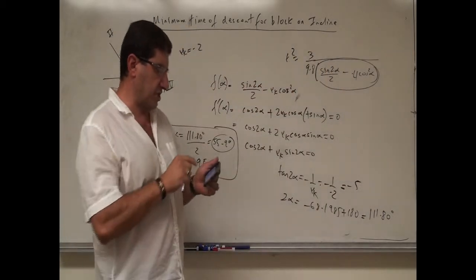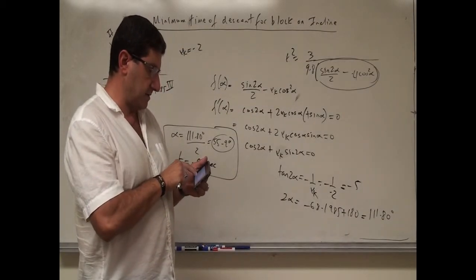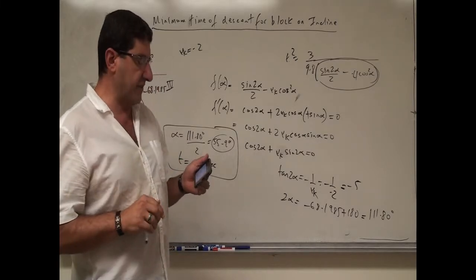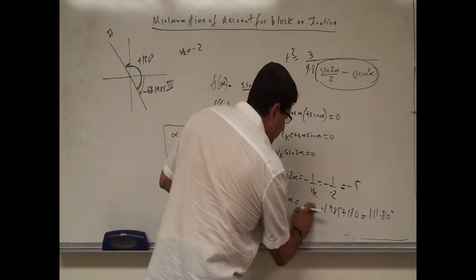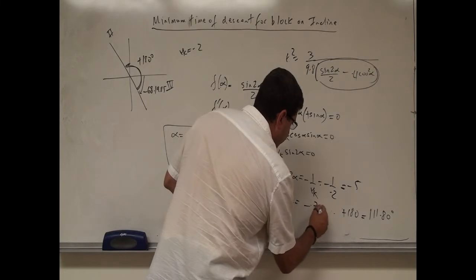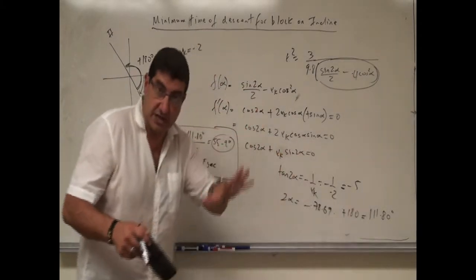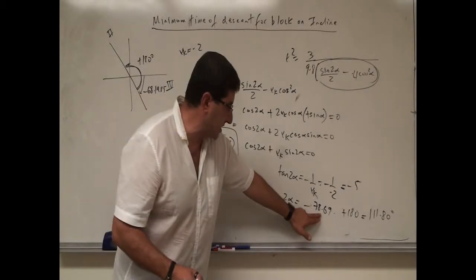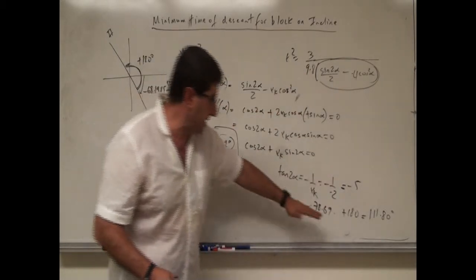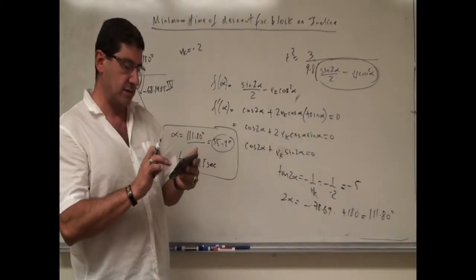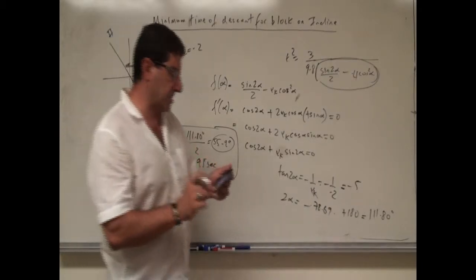Right? And then when I take the tangent inverse of that, it's going to give me negative 78.69. Negative 78.69. So what happens when the friction coefficient gets smaller, the tangent inverse gets more of a negative, then I'm going to add 180 to that.